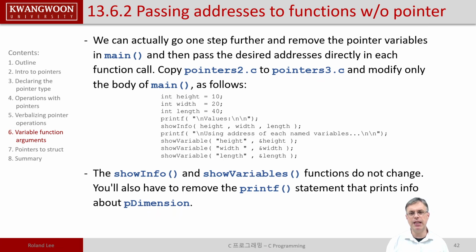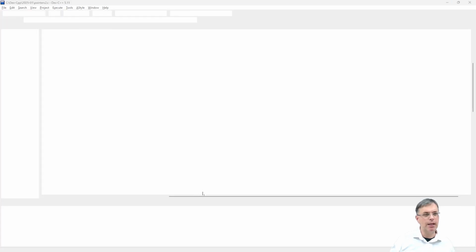We'll still need the pointer variables as function parameters in the function definition, just not inside the main function body. So let's copy pointers 2 to pointer 3 and then modify only the body of the main function as you see here. Okay, let's do it.